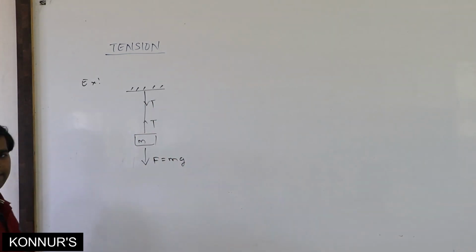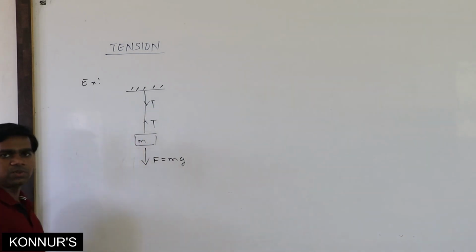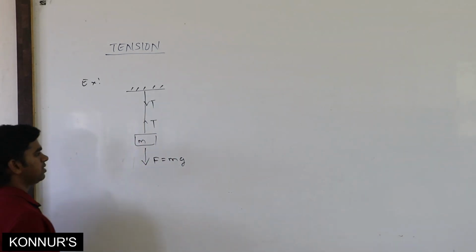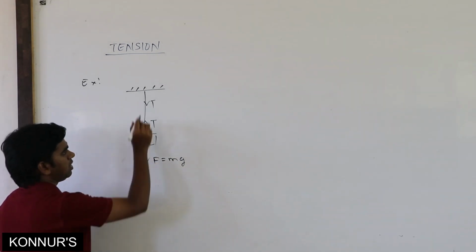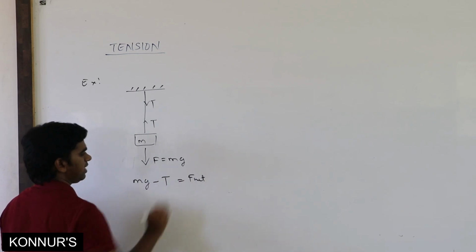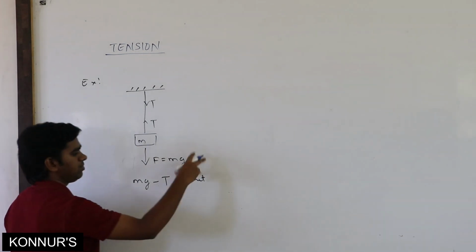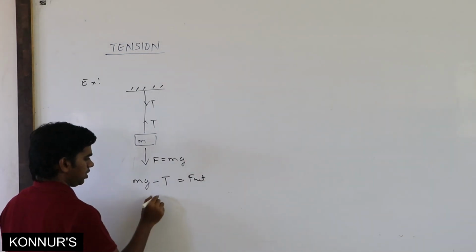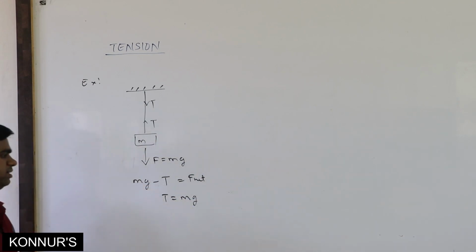Now, since it is not moving because the string is also inextensible, what can you write? Net force: downward force is mg, upward force is T. If it is not moving, F net will become 0 because acceleration will become 0. So you can write T equals mg. You will get the tension.